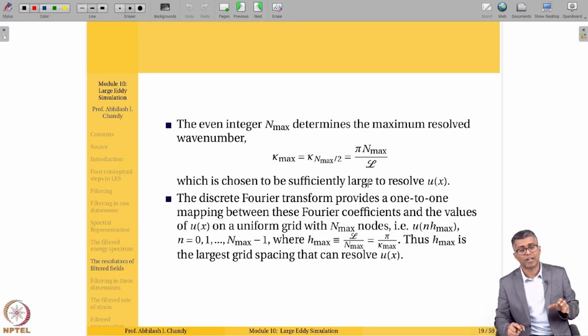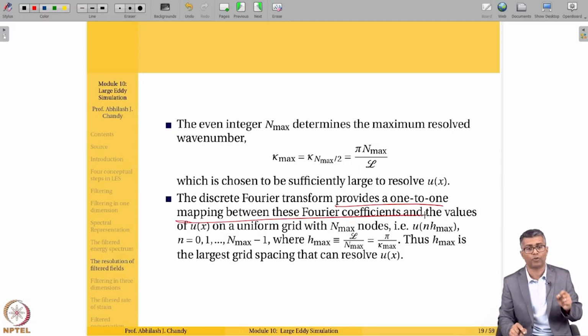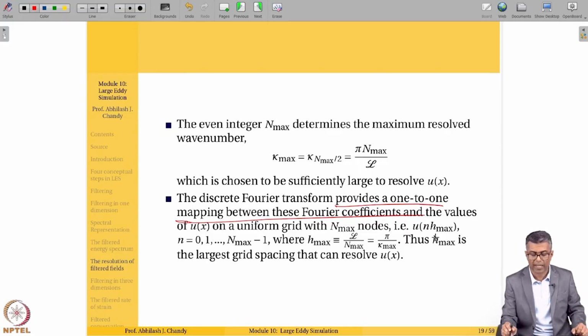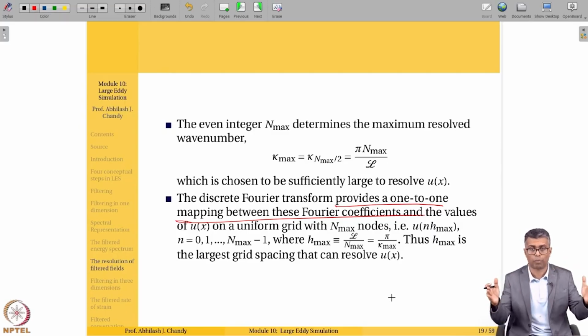Now, the discrete Fourier transform provides a one-to-one mapping between Fourier coefficients and the value of U of X on a uniform grid with n max nodes. That is, U of n h max, where n is equal to 0 to n max minus 1, where h max is the total box size L divided by n max, isn't it?